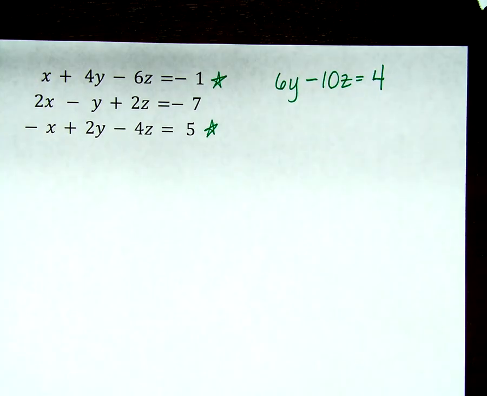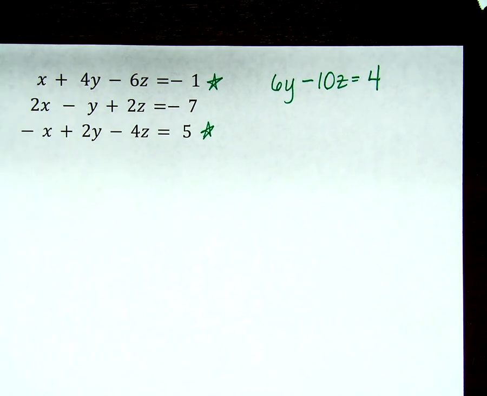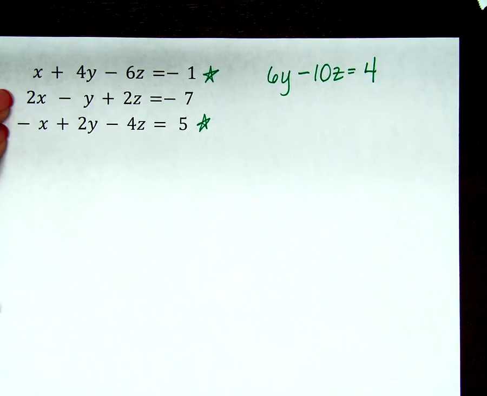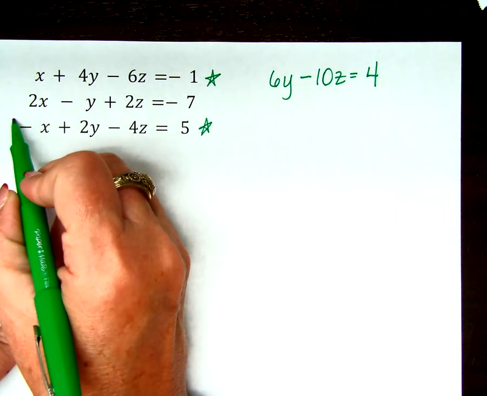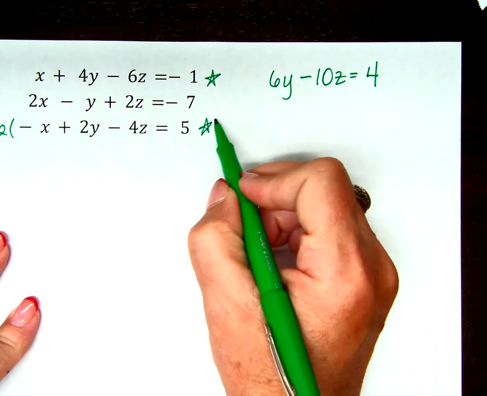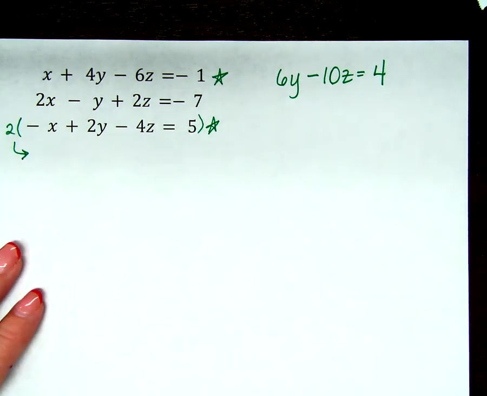So do I want to use the top two, or do I want to use the bottom two? Why would you choose the bottom two? I don't have to multiply by a negative because they're already opposite signs. Okay? So is it okay if I multiply this one by 2 and just write it right here? Are you okay with that?